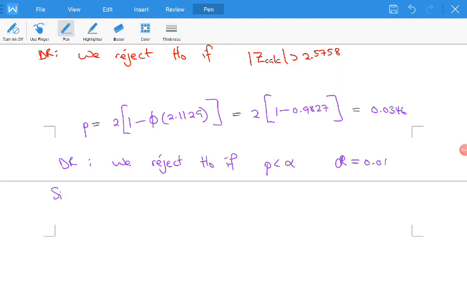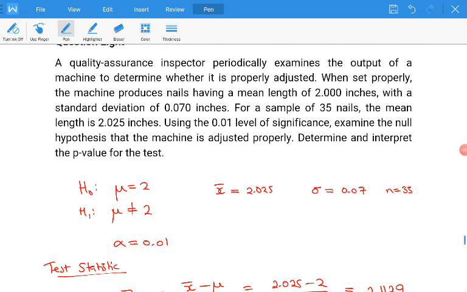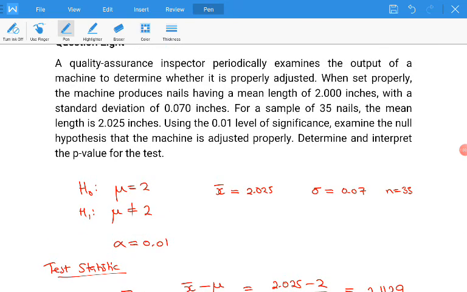So since p is greater than alpha, we fail to reject H naught. If you are failing to reject H naught, we therefore conclude at 1% level of significance that the machine is properly adjusted.